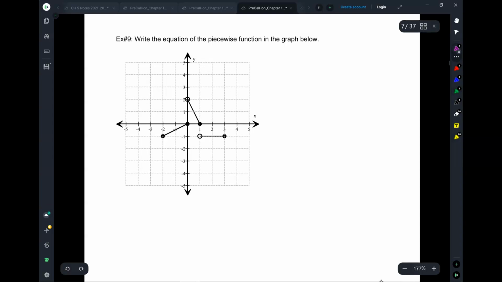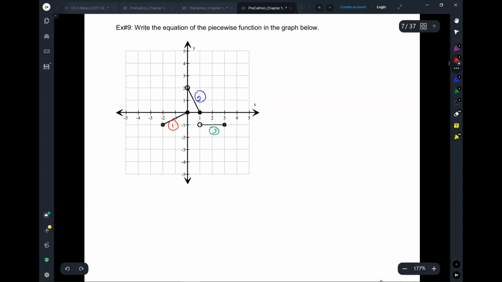Okay. Here we have to write the equations for this. So again, I have 3 functions. These are linear equations, all right? You know how to write linear equations since you were little. You need a slope and a y-intercept.